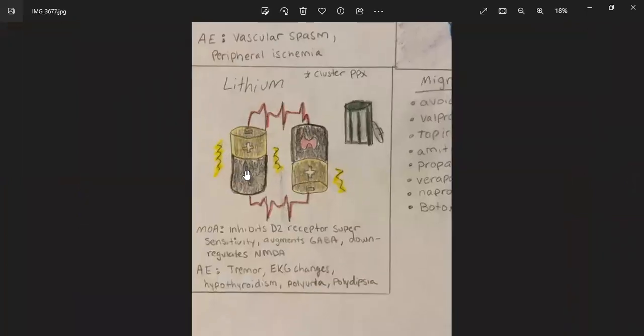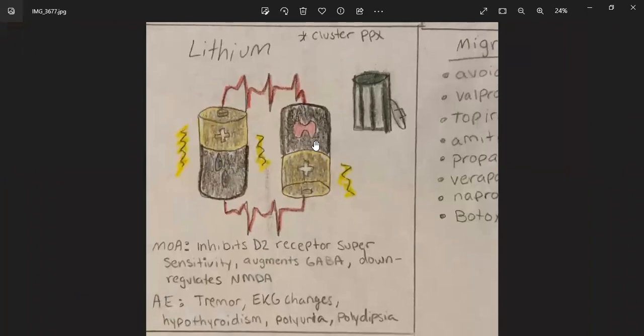And then lithium, which we learned for headache, it can also be used as a mood stabilizer. So for lithium, we have 2D batteries here because it inhibits D2 receptors. Also augments GABA. Remember, batteries shouldn't go in the garbage, so garbage GABA, and downregulates NMDA.